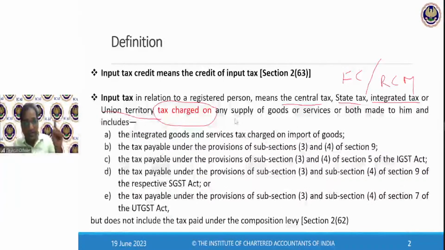I'm repeating once again that A is making the supply to B. A is charging the GST on this supply. Then please confirm in the chat whether this transaction is forward charge or reverse charge.